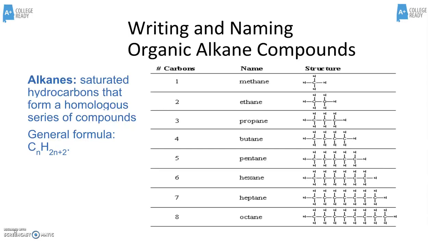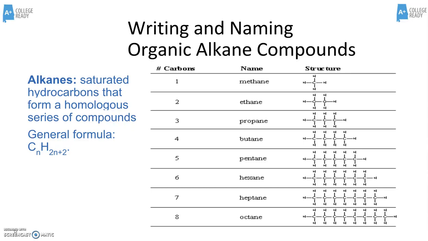CnH2n+2. Remember, the n is the number of moles of our subscript of our atoms bonded to each other. So if you notice in the chart, the 1, 2 through, and it does go to 10, I just stopped it at 8. Notice 1, 2, 3, and 4 are different prefix names than our molecular compounds.